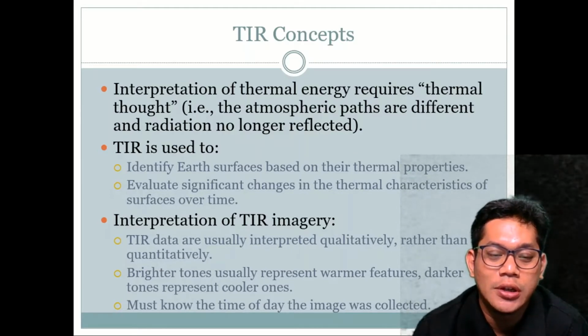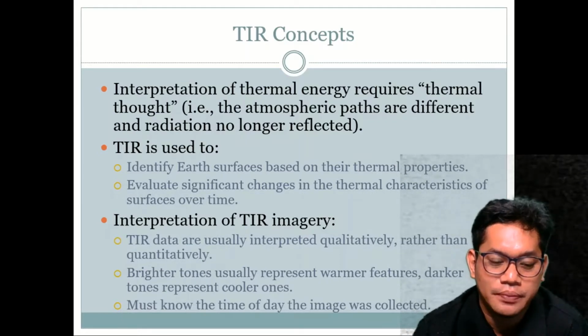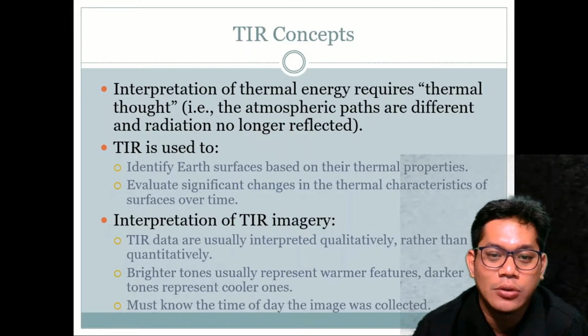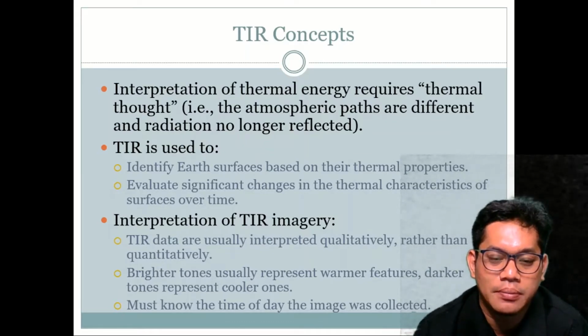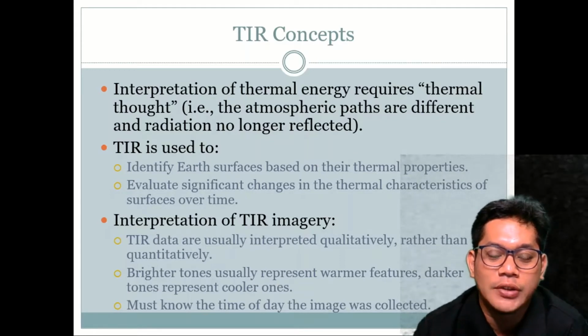It is due to the representation or construction of buildings, which contributes to a significant difference in thermal energy. And the interpretation of thermal infrared imagery is usually done qualitatively due to the difficulties in extracting the exact temperature of the surface.